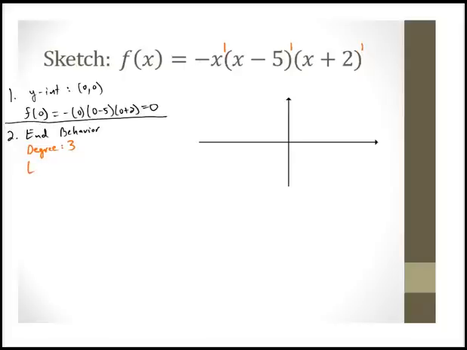So the lead term would be a negative x cubed, which means that the lead coefficient is -1, which is less than 0. So that means my end behavior, since I have an odd degree and a negative lead coefficient, that means as I move far to the right, it's going to move downward, and far to the left, it's going to move upward.